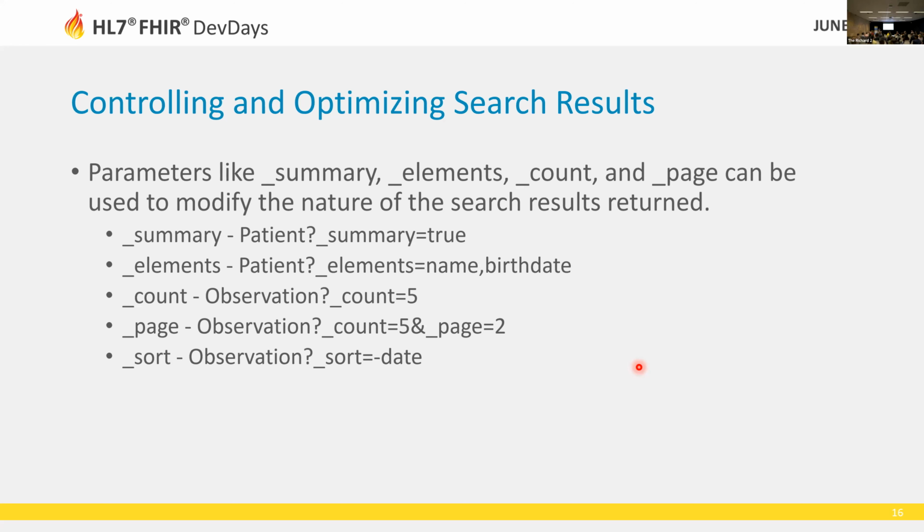We have patients, we have to link our patients with conditions and observations, and we have to do forward or reverse chaining and include additional information. So I feel that is the basis of our searching, chaining, and also these other parameters I was talking about, controlling and optimizing search results.